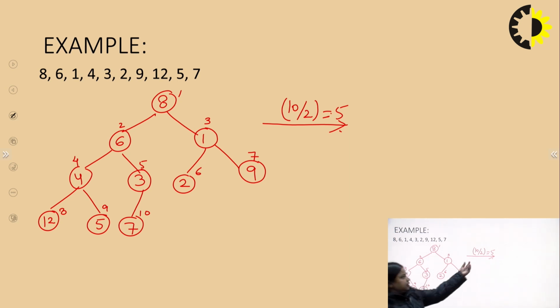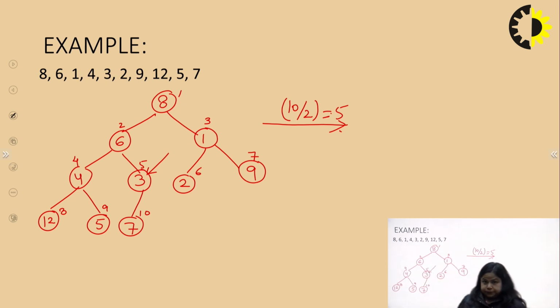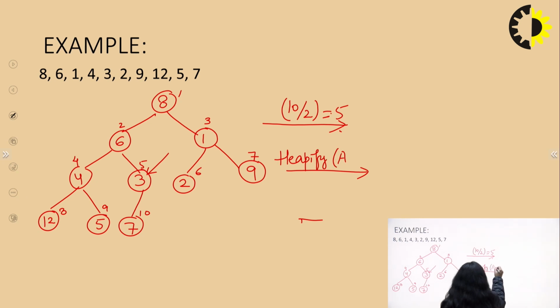Now let's find from which node we have to apply the max heapify function. With the help of build max heap, we identify that we have to apply the heapify function from the node A5, right? So let's check this particular node as A5. We have to apply the heapify function from the fifth node. In this case, we apply heapify on the array A, comma, fifth location, the ith location, right?